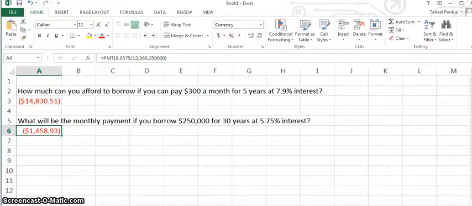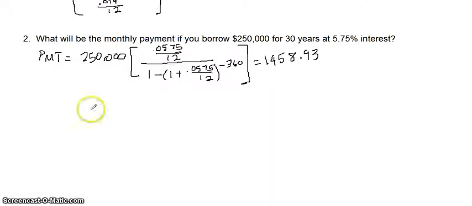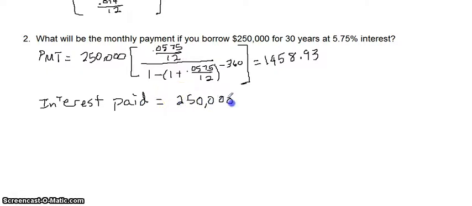There's one more thing I wanted to do with this problem, and that is to calculate the interest paid over the life of the loan, because the amount of interest can really add up quickly. To calculate the amount of interest paid, we need to take $250,000, which is the amount we borrowed, and subtract out the amount we paid.